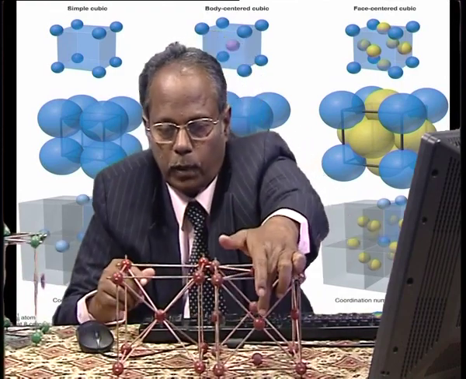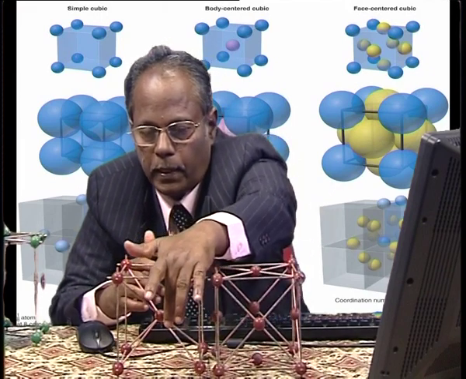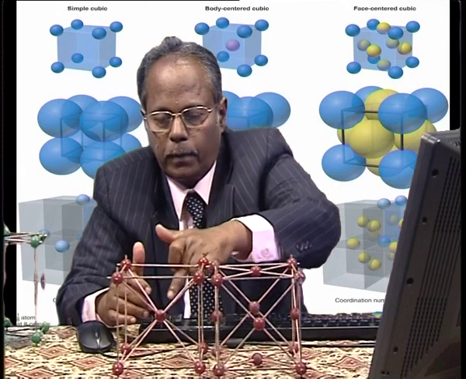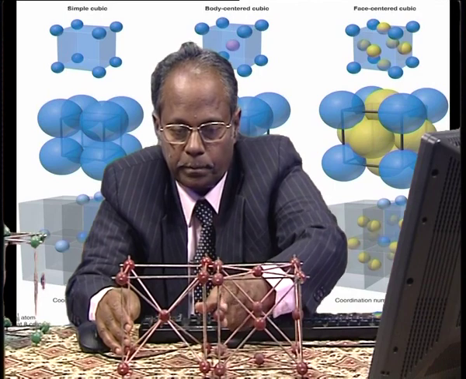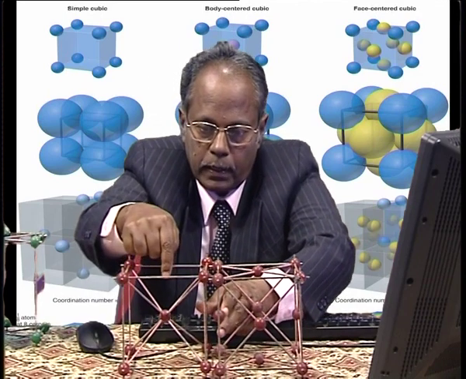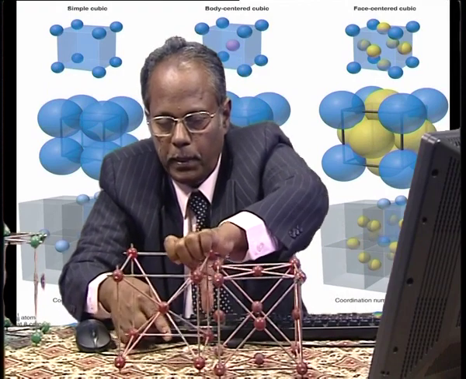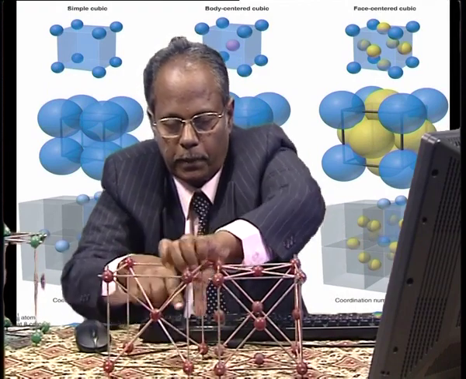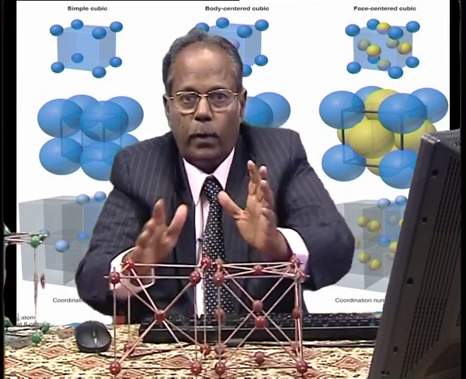For this cell also all faces are centered, so there will be an atom at the face center. So for this atom I will have one atom here, a second atom here, a third atom here, and a fourth atom at this face center, similar to what I have here. Now, I think you should be able to understand how I get 12.